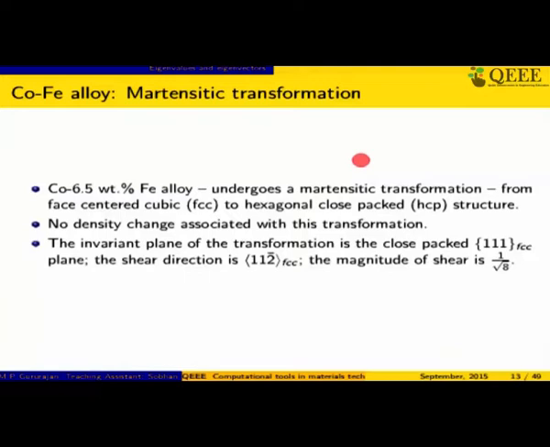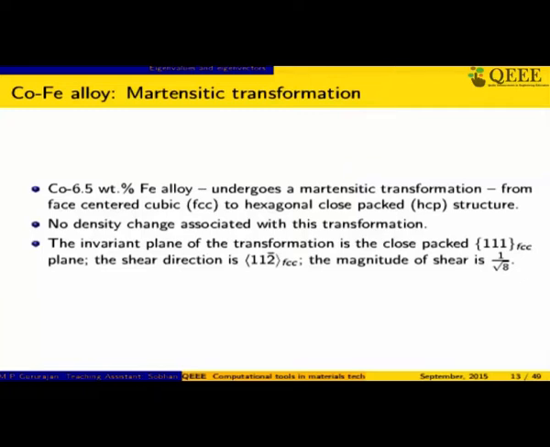That is known as the invariant plane, and that invariant plane happens to be the 1 1 1 close packed plane. If you consider a shear of magnitude 1 by root 8 along 1 1 bar 2 in the FCC direction, that is what the resultant martensitic structure is all about. So this is the crystallographic information that we have.